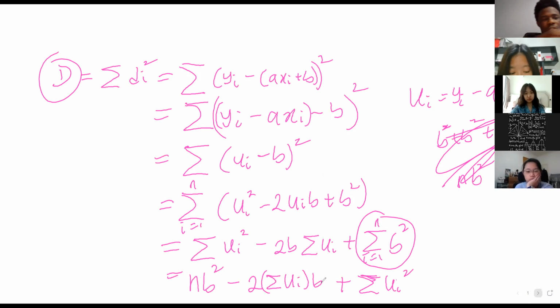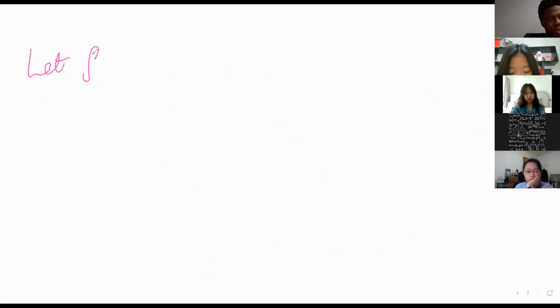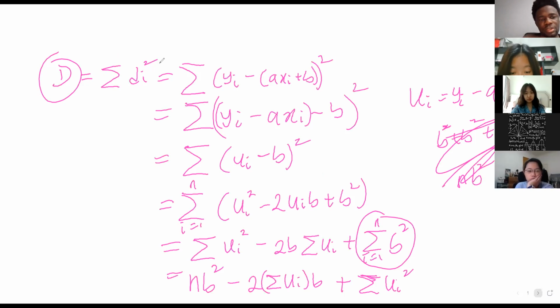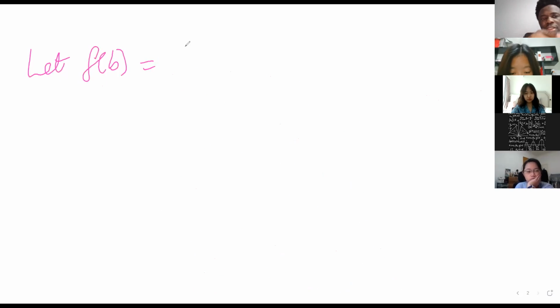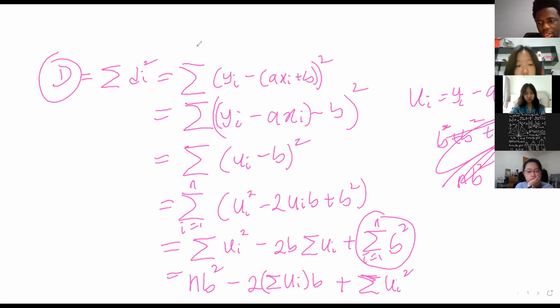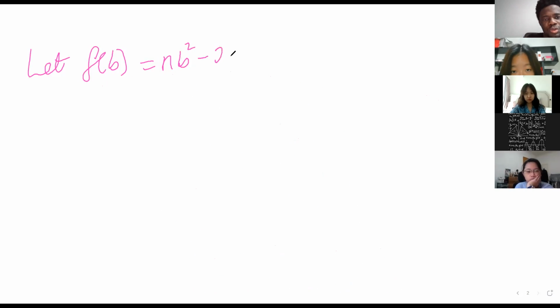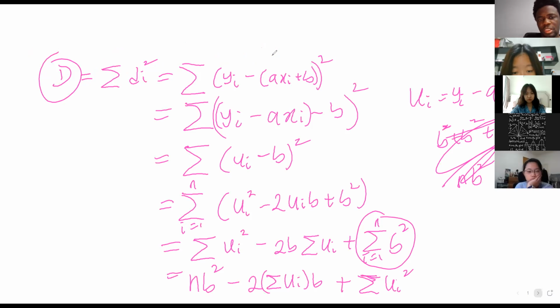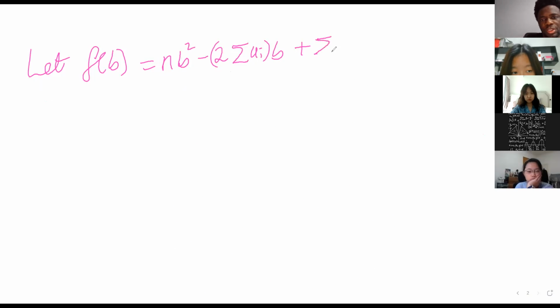If I call f of b what you have in the previous section, you have nb squared. Then the second term is minus 2, and I'm going to put this together for obvious reason, of b. And the last one is plus the summation of ui squared, I from 1 to n.